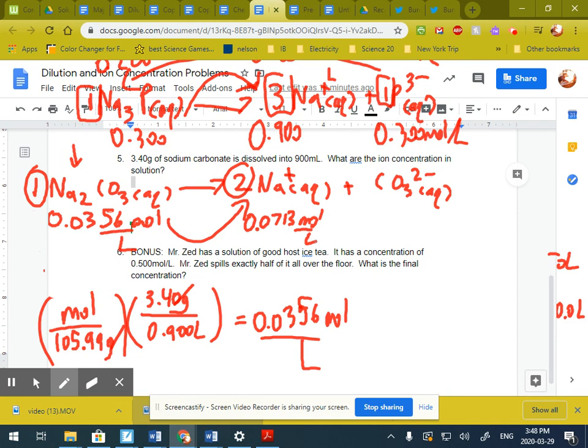I'm just going to double check that because I didn't round. I kept my unrounded answer in. Oh, no, wait. Whoa. I did something messy here. Let's see here. 0.0356 times 2. Yeah, 0.0712, I guess, if you use my rounded number. 0.0713 if you don't. Now, this is in a 1 ratio. This is in a 1 ratio, so the concentration is the same.